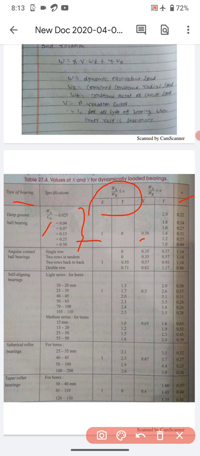E is equal to 0.22, 0.24, 0.27, 0.3 and so on.